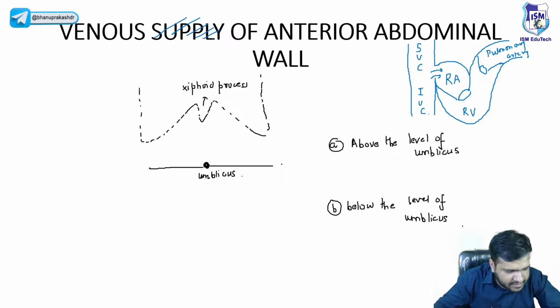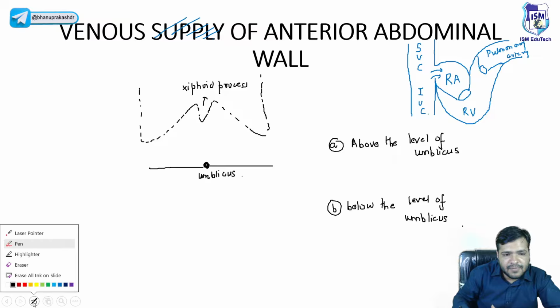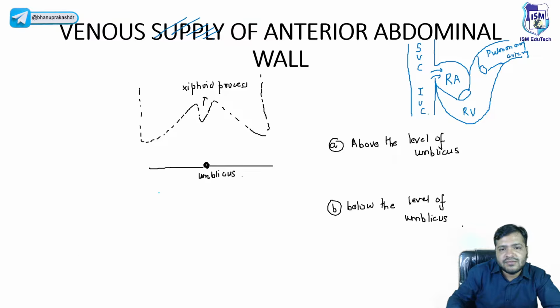So remember guys, above the level of umbilicus we have two veins. Now above the level of umbilicus, this is the vein that is draining the blood.